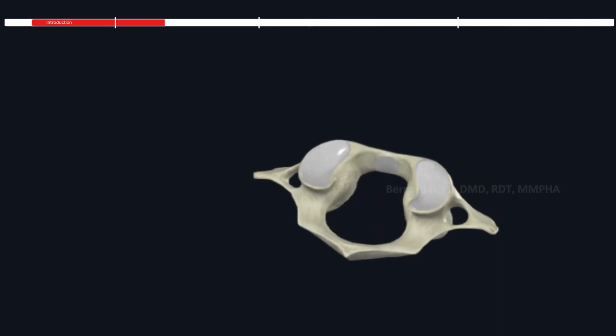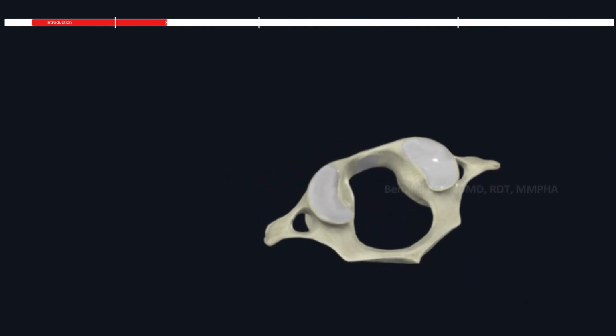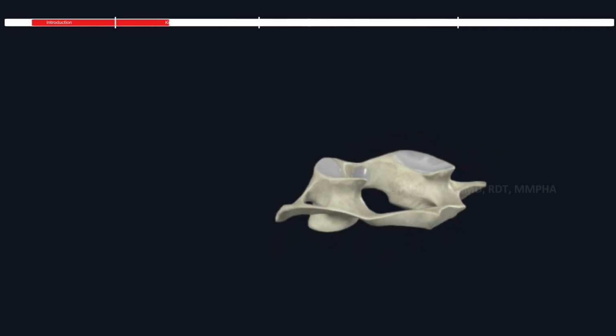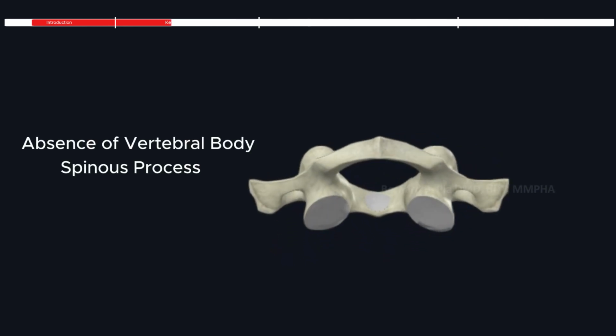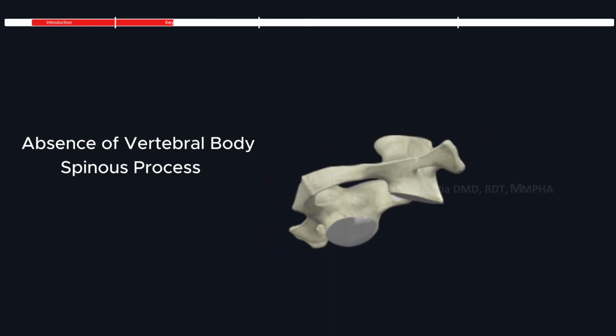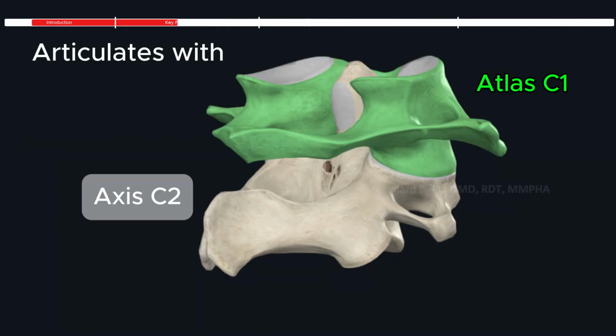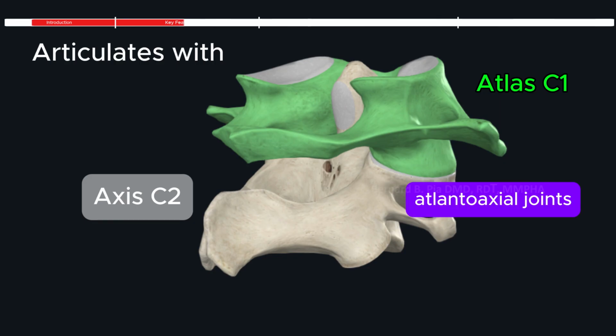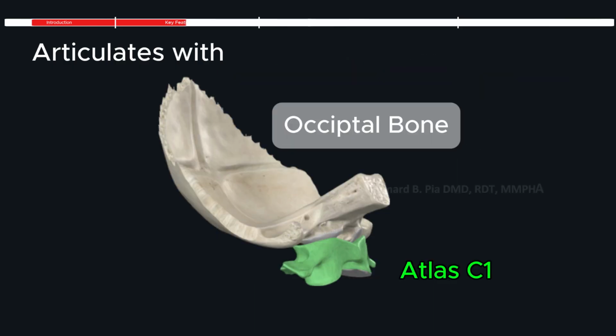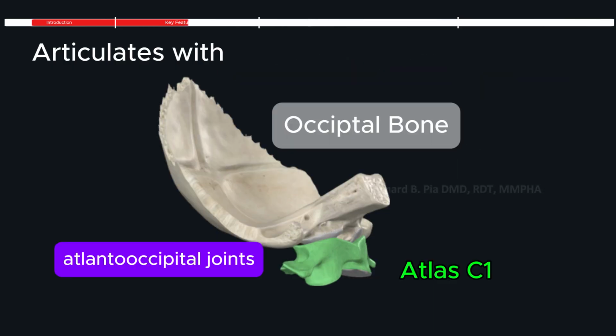It is considered an atypical cervical vertebra because some of its features differ to those of typical cervical vertebrae, such as the absence of a vertebral body and spinous process. It articulates with the axis at both the median and lateral atlantoaxial joints, and the occipital bone at the atlanto-occipital joints.